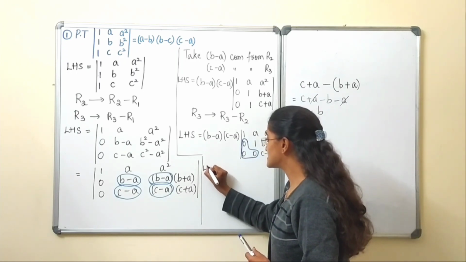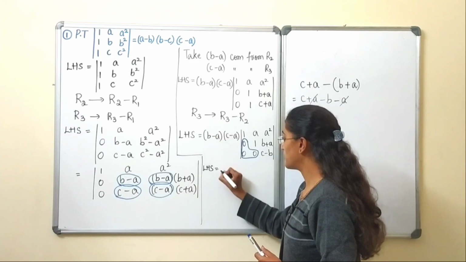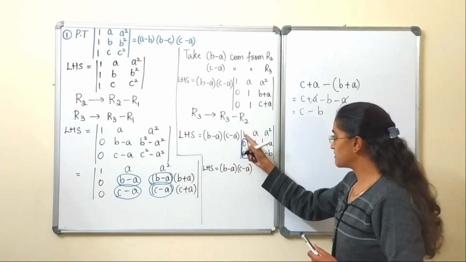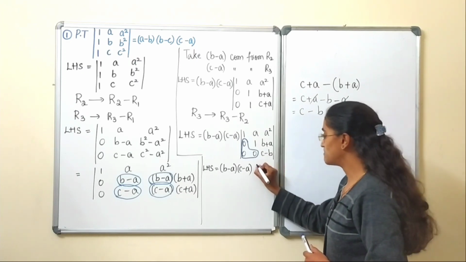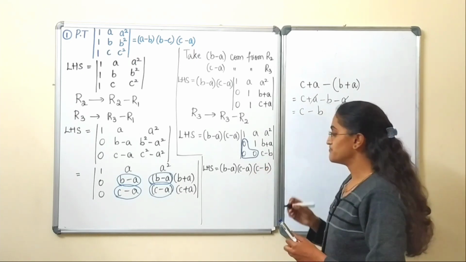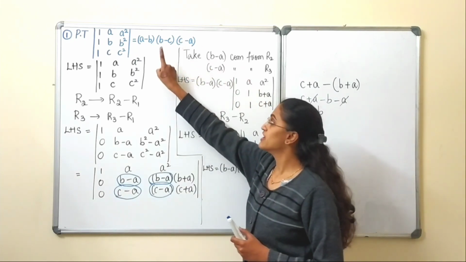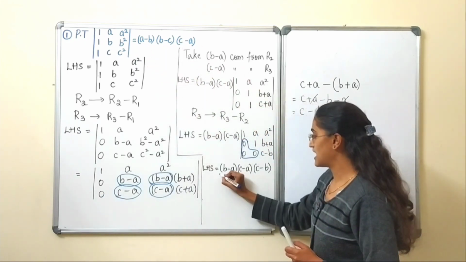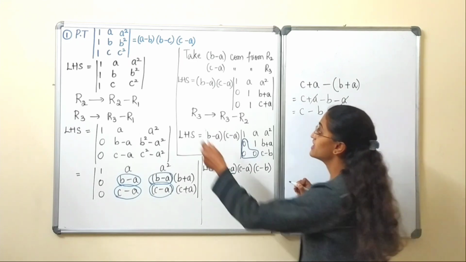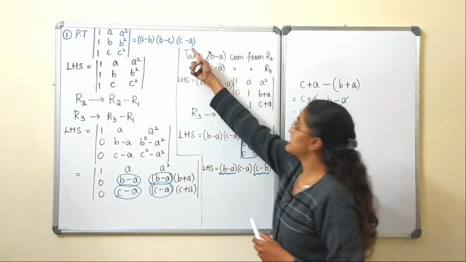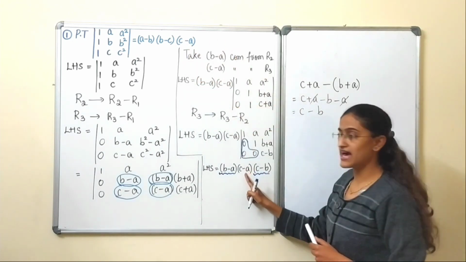Hence LHS will be equal to b minus a into c minus a, multiplied by the principal diagonal elements, which gives c minus b. You can now check the elements which are given in the proof. We need a minus b and we have b minus a. We need b minus c, we have c minus b. c minus a is needed, and yes, we have that.